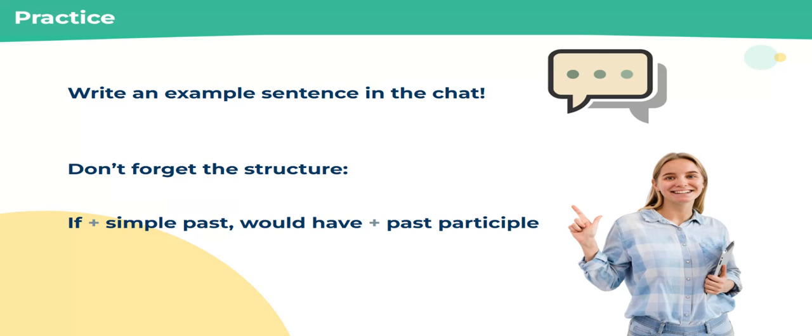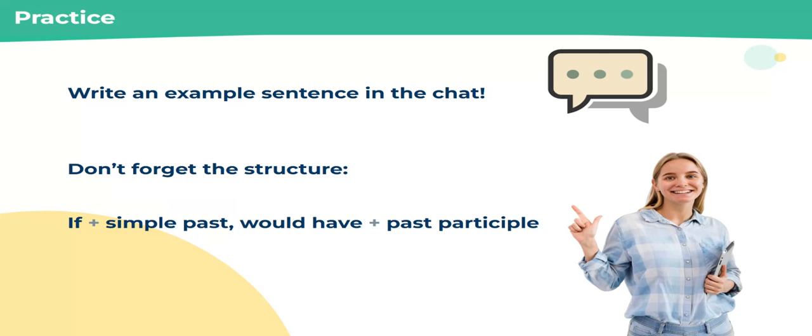So we're using if plus the simple past, and then in our second clause, we're using would have and a past participle. Okay, so if plus simple past, and then would have plus past participle. So there's no pressure. If you want to take part in the chat, by all means do so.